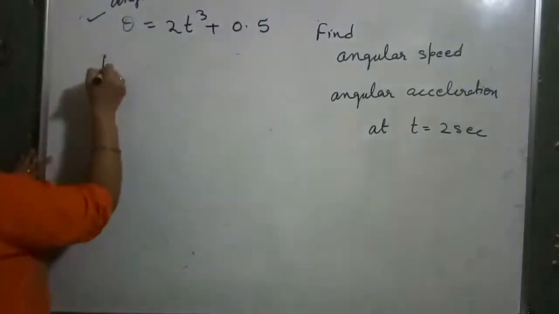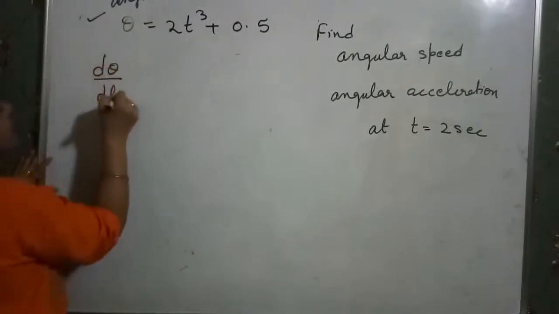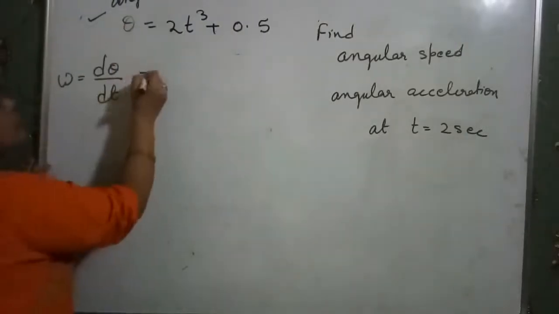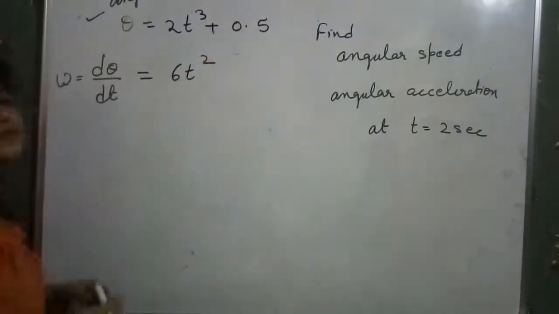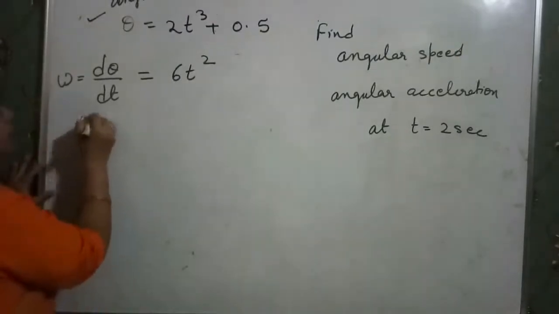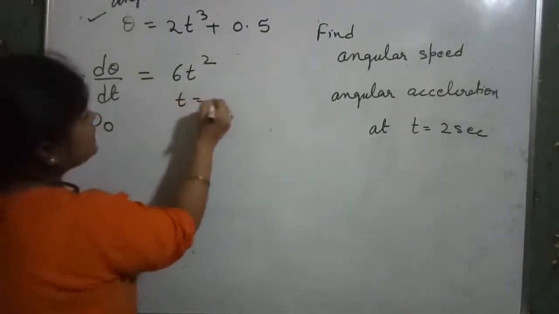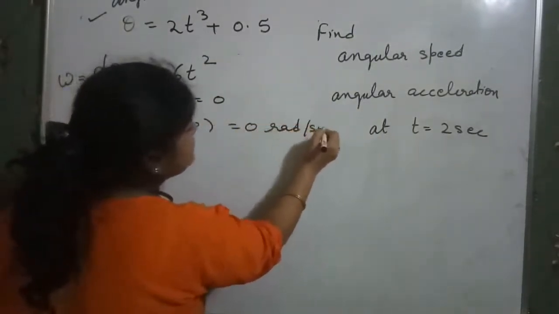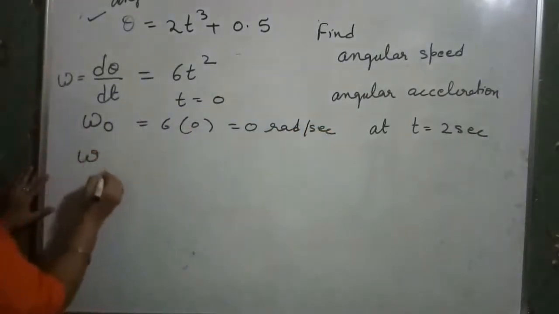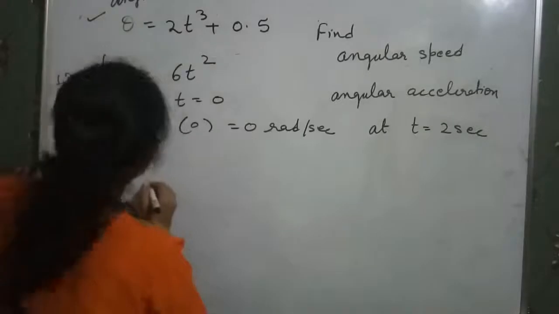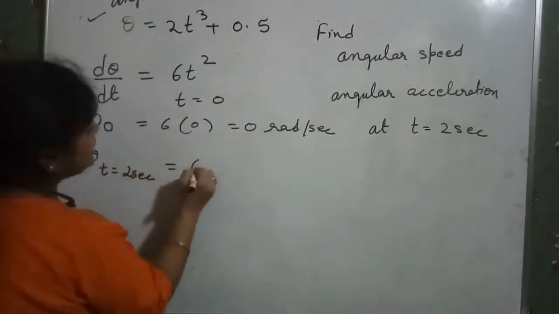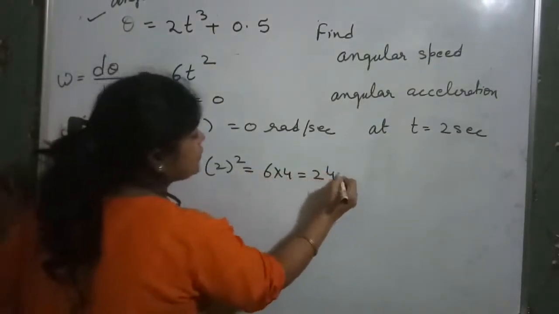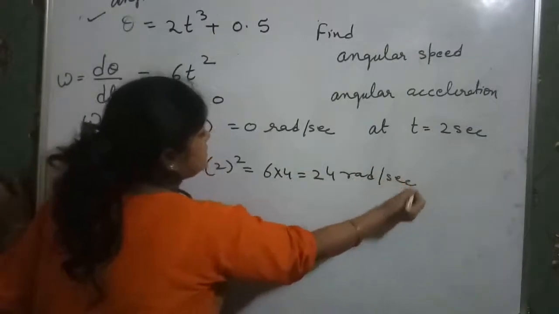So angular speed is d theta by dt, which is equal to omega. That means we have to differentiate this equation. So we have 6t squared. If we have to find the initial angular speed, we put t equal to 0 and we have 0 radian per second. Now if we have to find the angular speed at t equal to 2 seconds, we have 6 into 2 squared, that means 6 into 4, that is 24 radian per second.